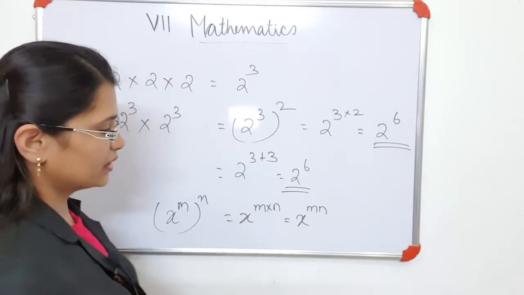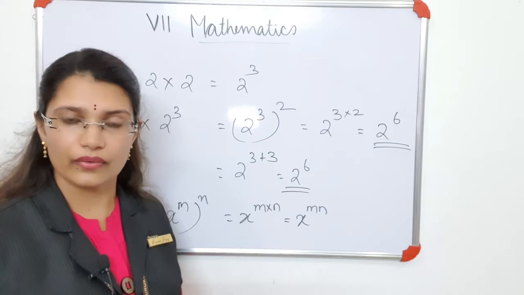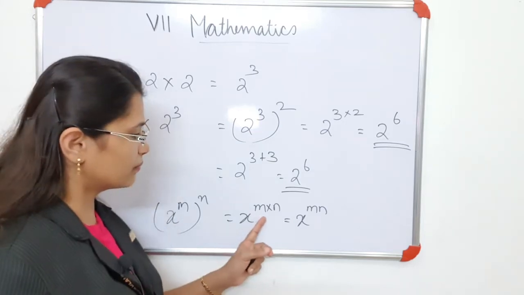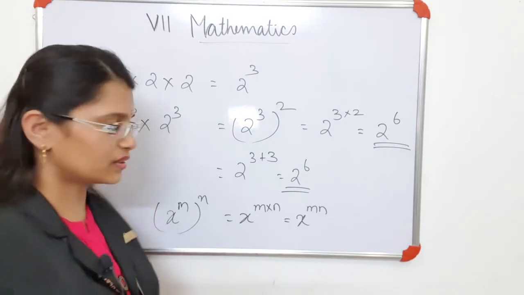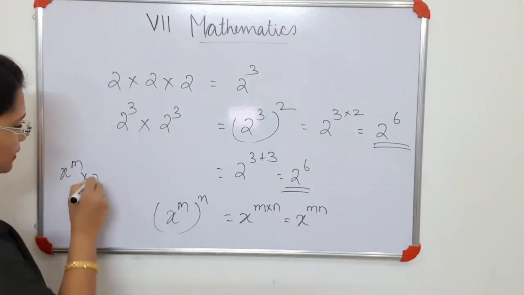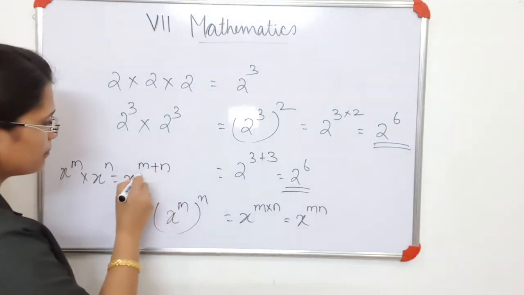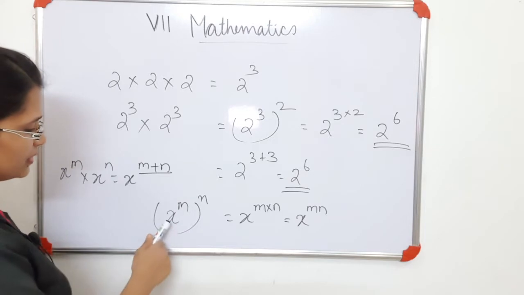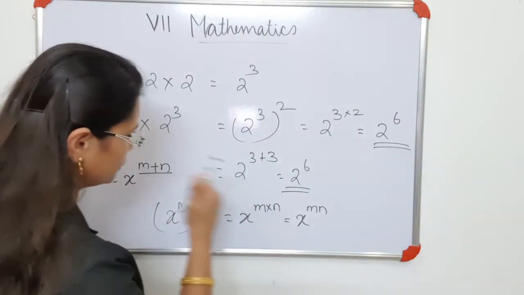So here x raised to m whole raised to n is equal to x raised to m into n. Here only m into n is coming. Only for power of powers, m into n. X raised to m into x raised to n, what is it? Is equal to x raised to m plus n. See, here only for the power we are multiplying m into n.